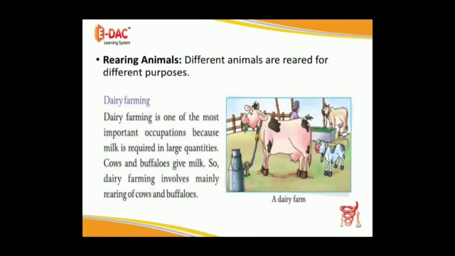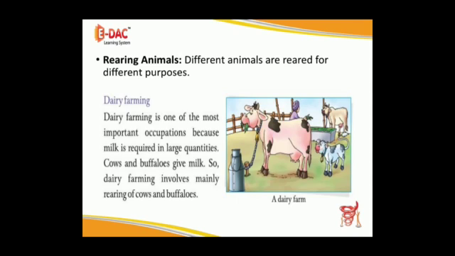Rearing animals. Different animals are reared for different purposes. Dairy farming. Dairy farming is one of the most important occupations because milk is required in large quantities. Cows and buffaloes give milk.